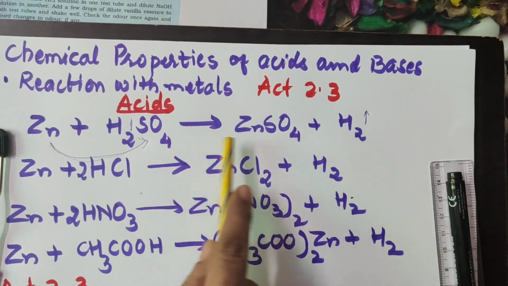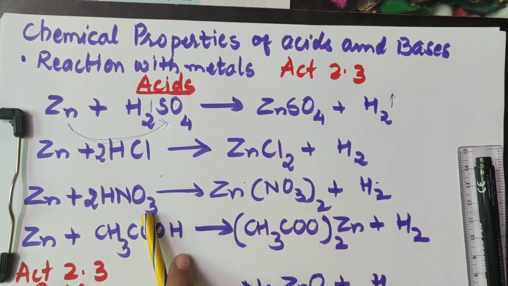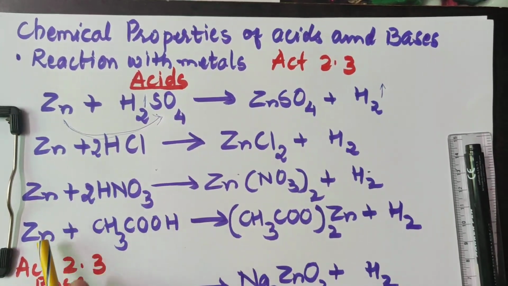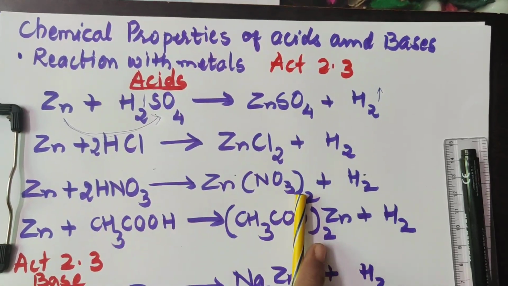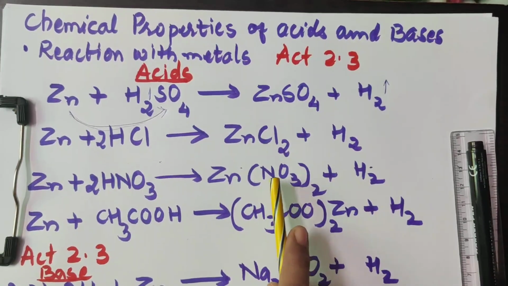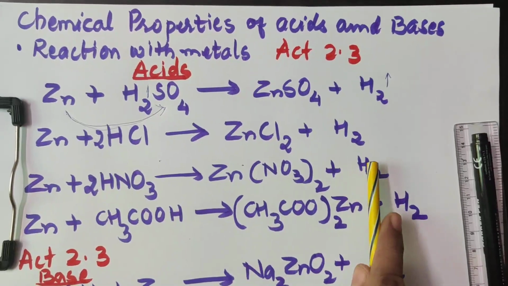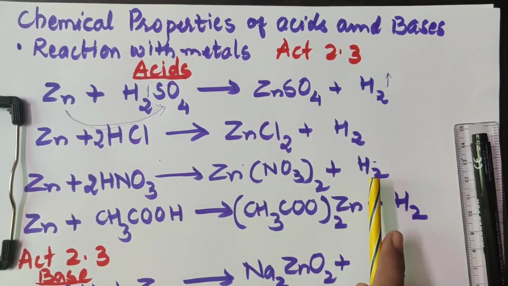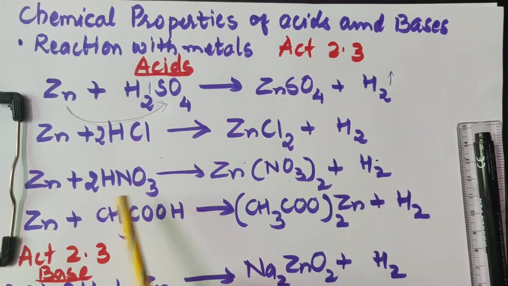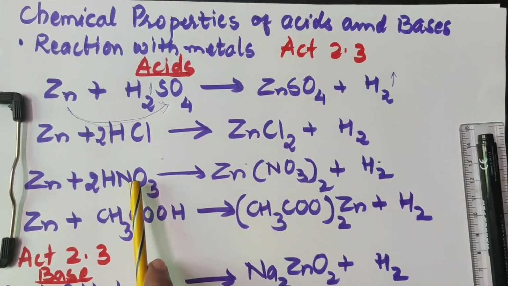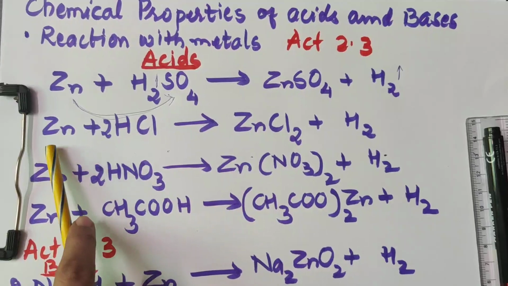In the same way you can change the acids as well as the metals used, and you can obtain various types of salt along with liberation of hydrogen gas. Hydrogen gas liberation is a characteristic property whenever a metal reacts with an acid. Let us see a second example.